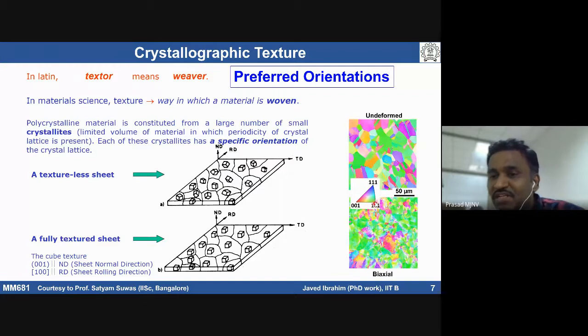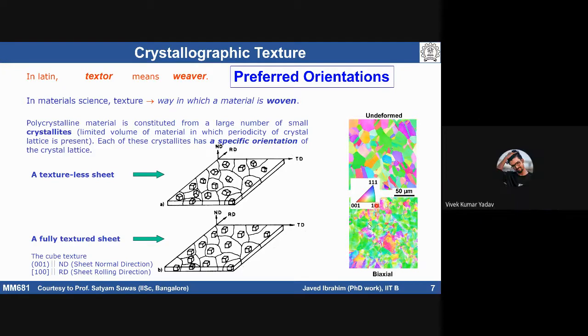We could see a strong 101 texture become more dominant compared to the initial undeformed condition. Initially we have almost a textureless, close to randomly oriented condition, but after deformation, the majority of grains have transformed to 101 texture.